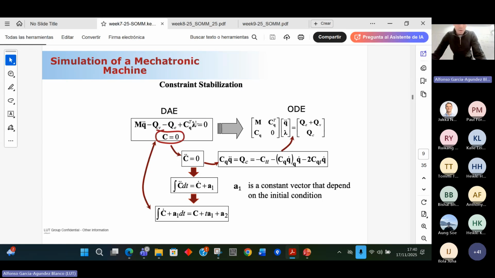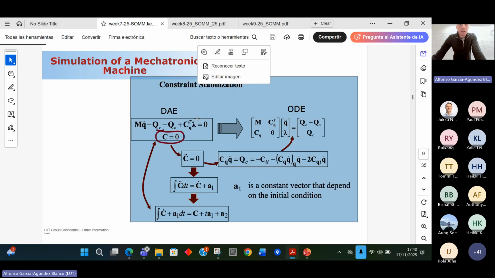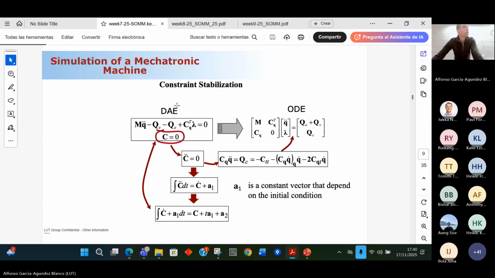Okay, do you remember this equation? What was the meaning of this equation? If you remember, in the modeling of mechanical multibody systems, you had the dynamic equilibrium equations and constraints, okay? Why constraints? Because when you learned with Aki that when you model a mechanical multibody system, you use a set of generalized coordinates, and these generalized coordinates are not minimum.